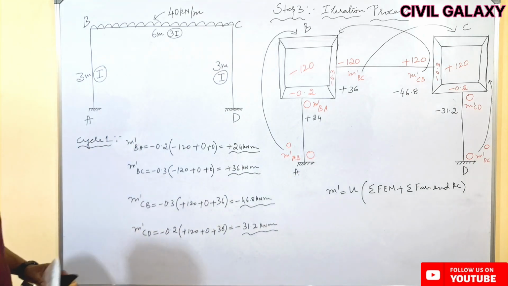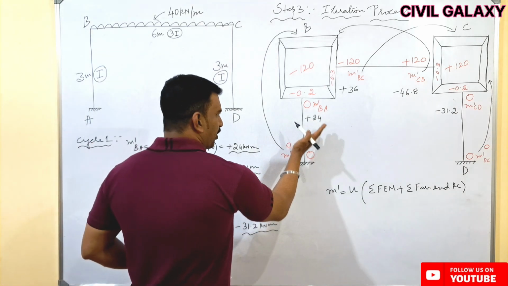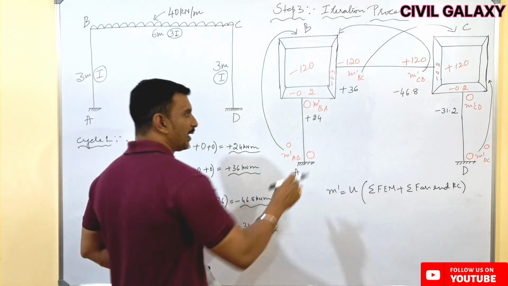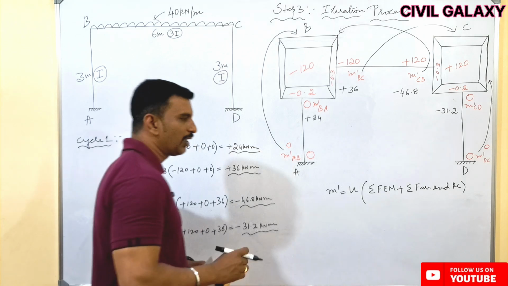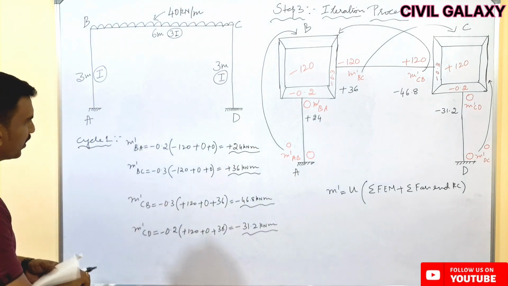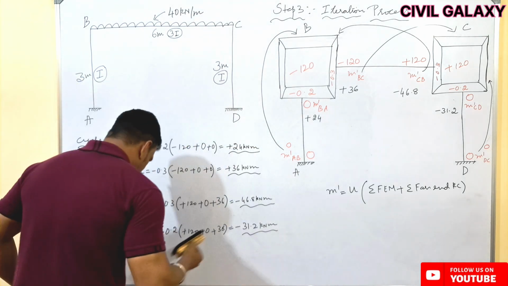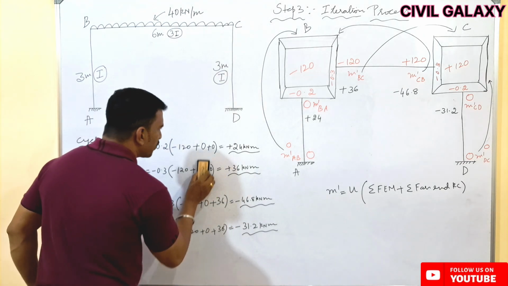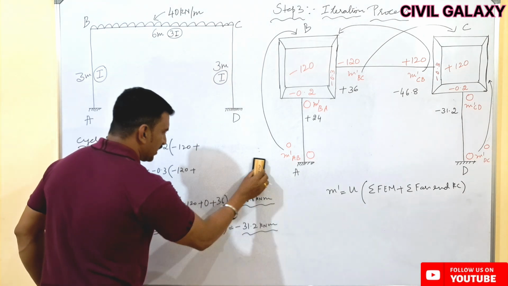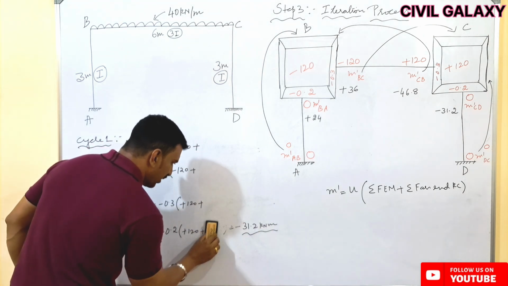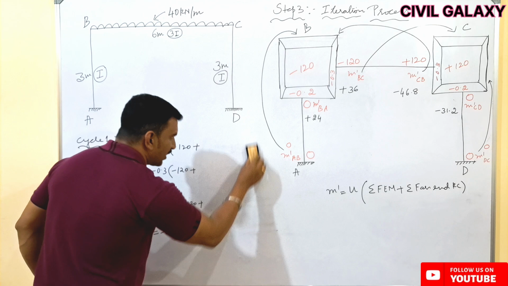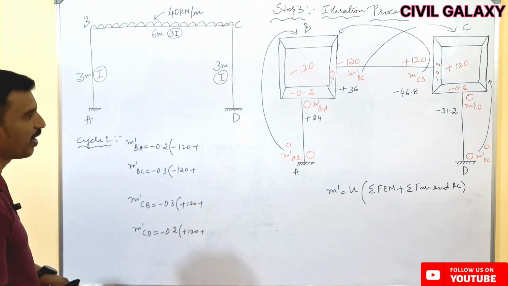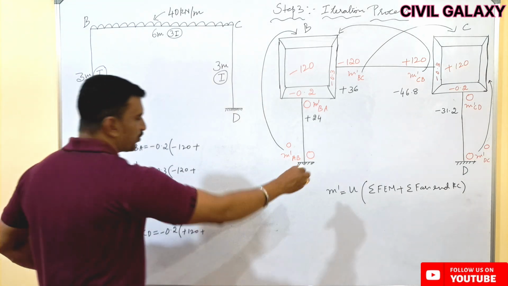Similarly, now we need to go on calculating the rotation contributions. We need to go on with the iteration process until we get the same and equal values. Everything remains the same, only the values keep changing. We shall consider the summation of fixed end moment as it is. Only the far end rotation contributions keep on changing.